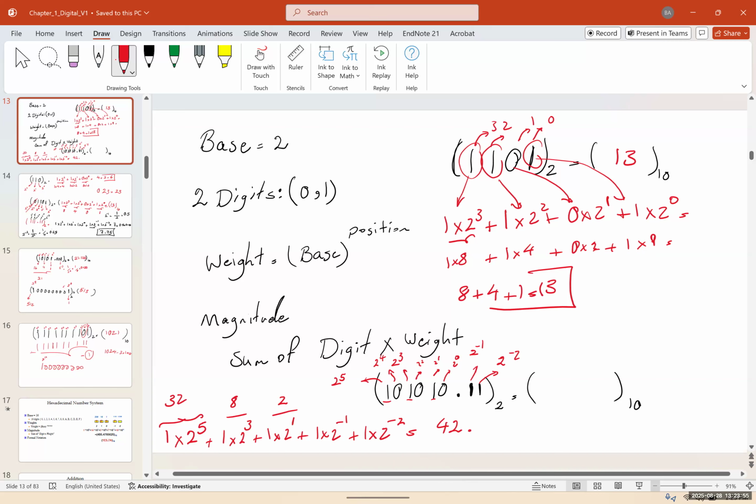And the fraction part: 2 to the power of -1 is 1 over 2, which is 0.5. 2 to the power of -2 is 1 over 2 squared, which is 1 over 4, which is 0.25. So 0.5 plus 0.25 gives us 0.75. So it's 42.75.